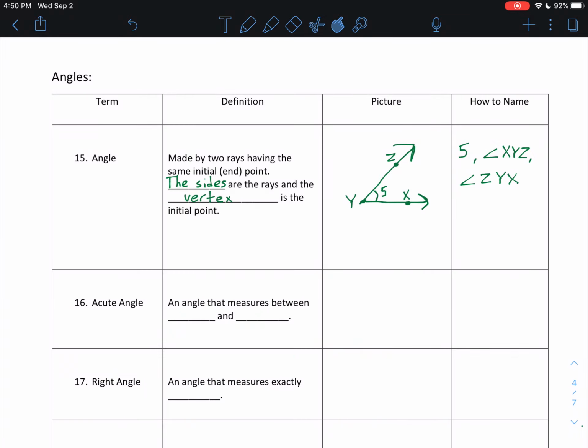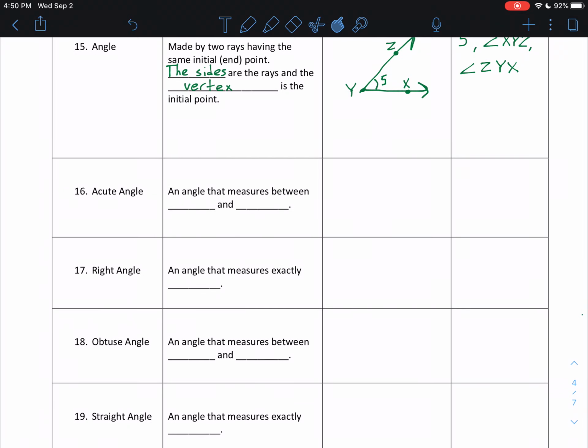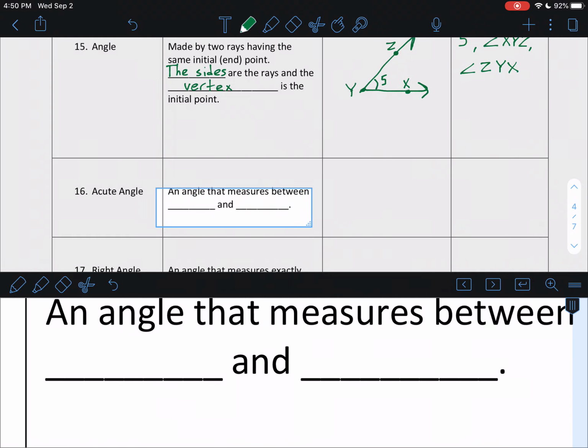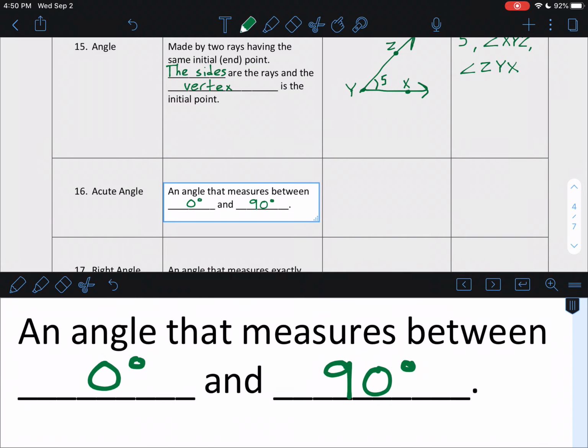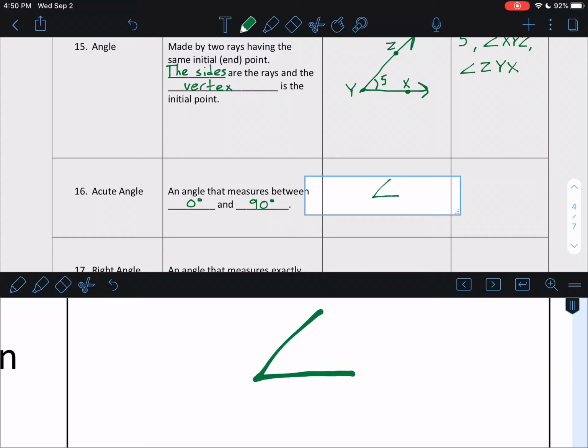All right. So that was an angle, and now we have an acute angle. An acute angle is an angle that measures between 0 degrees and 90 degrees. So what this means is it's just going to be like a sharp angle, pretty much. So it's going to look like, I should make it bigger.